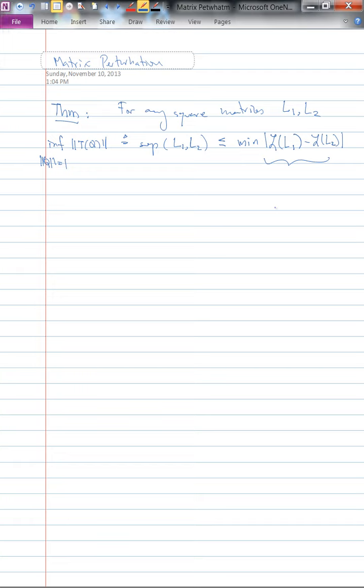So we'll give the proof here. So we know that if this is equal to 0, that's equivalent to saying that T is singular, and we also know what the eigenvalues of T are.